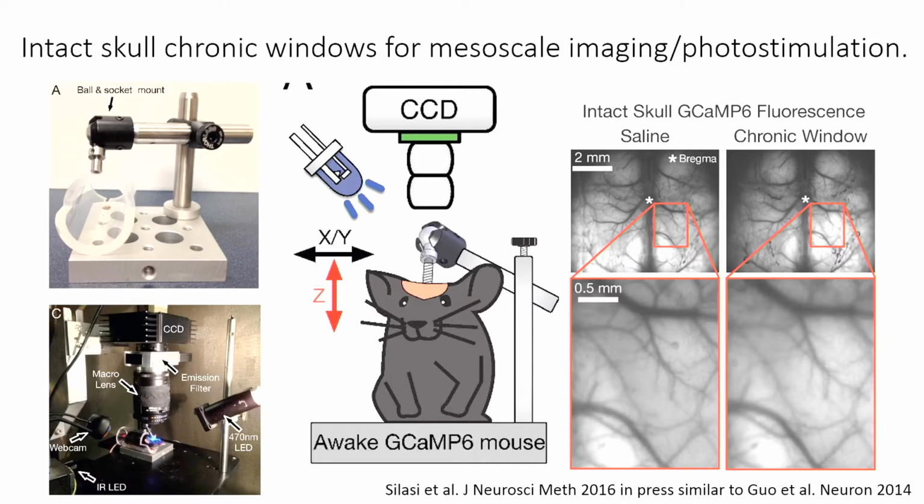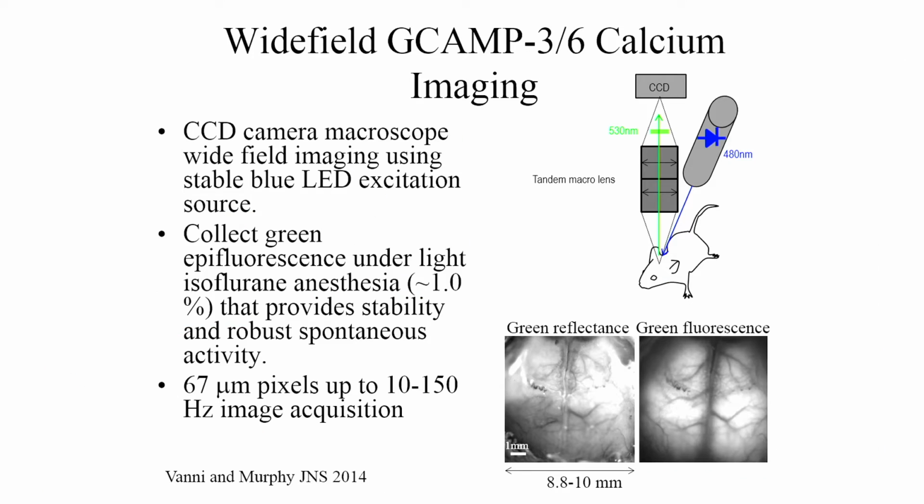And this is a very low-tech method for wide field imaging. All you need is a stable excitation source, an emission filter, and a camera, and you can collect images of brain activity. The hard part is figuring out what they mean, and we can talk about that later. But it's possible to image this macro level activity through the intact bone.